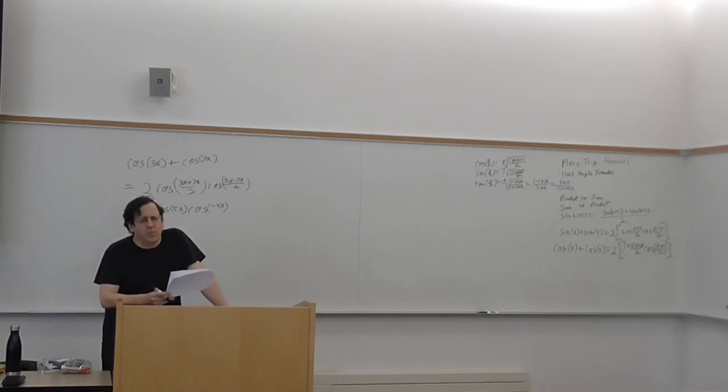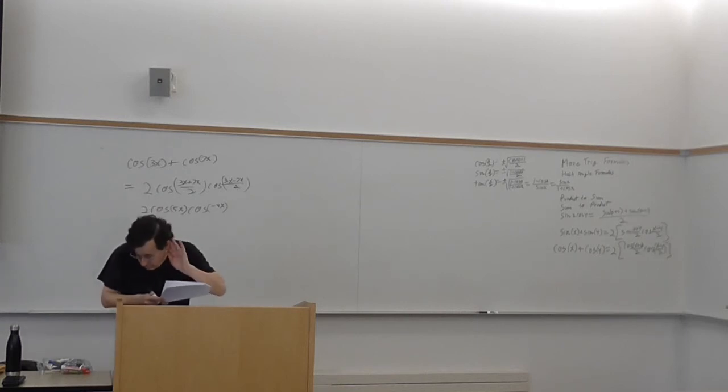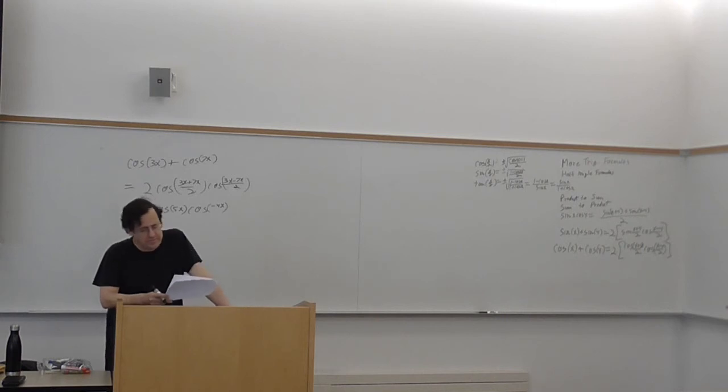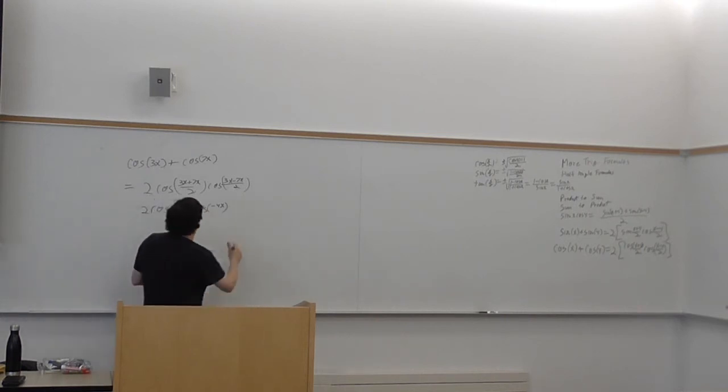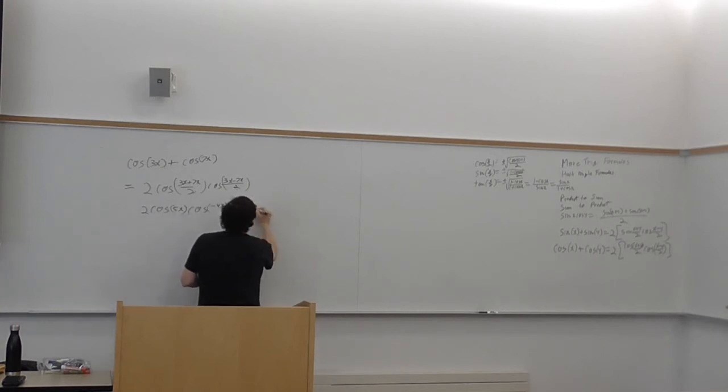Because cosine is what kind of function? I can't hear you. Even? Even. Yeah, this is just cosine of 4x. So we end up with cosine of 5x times the cosine of 4x.